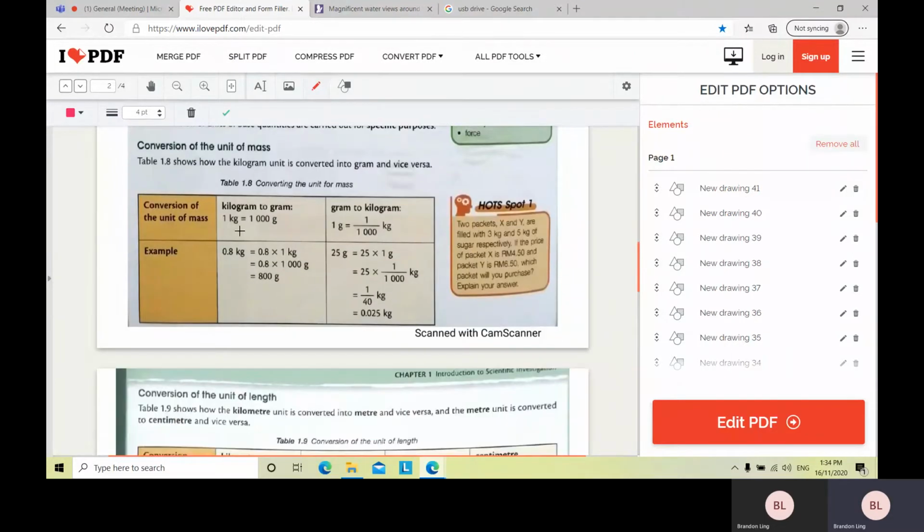In order to convert 1 kilogram to gram, you need to multiply by 1,000. And to convert gram to kilogram, you need to divide by 1,000 or multiply by 0.001. It's the same thing.